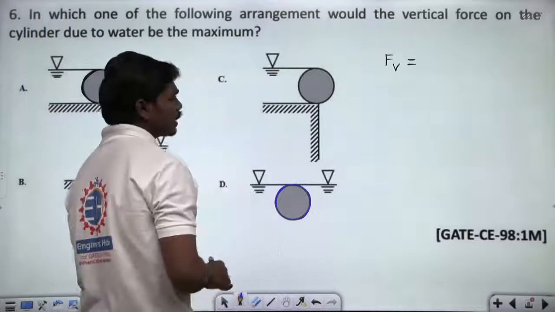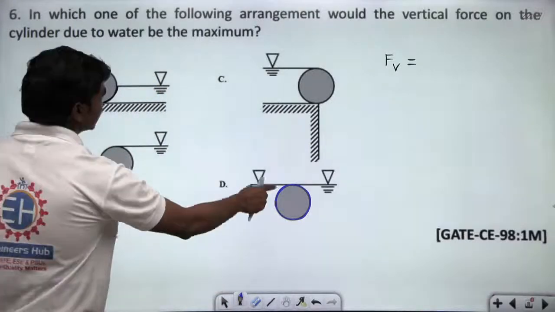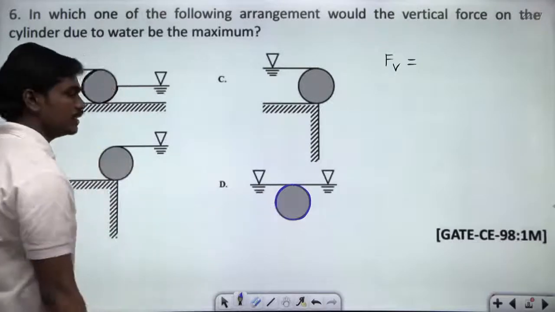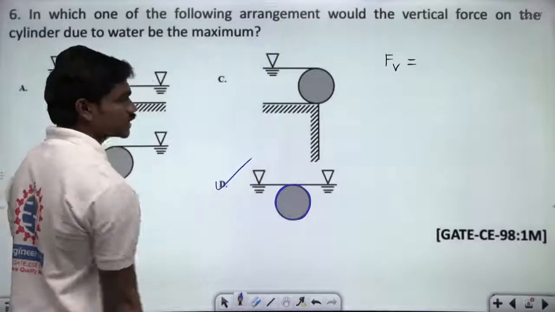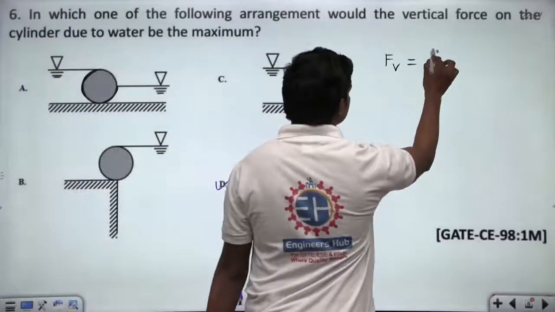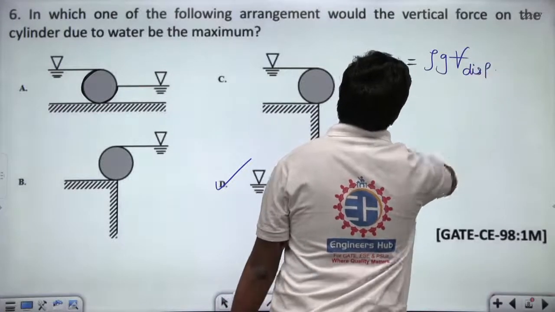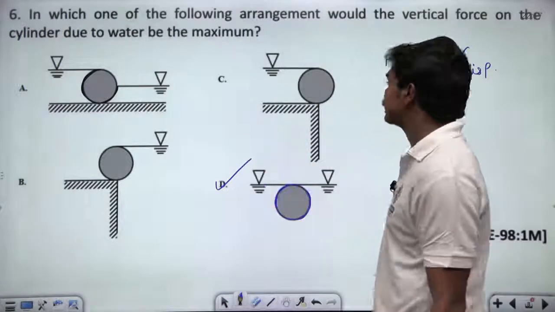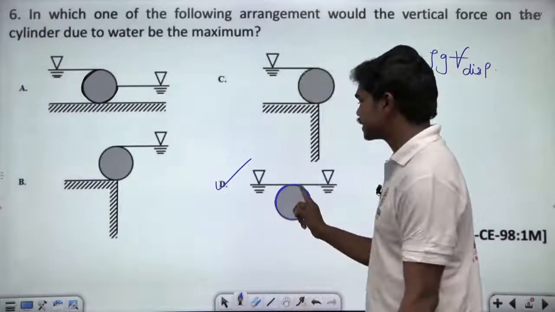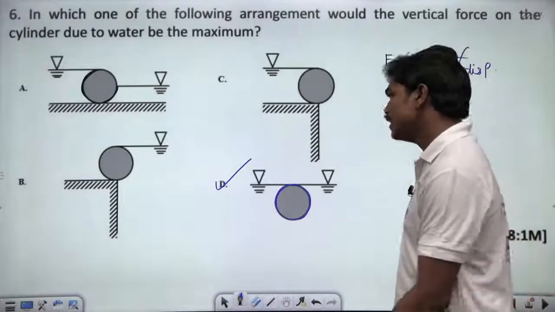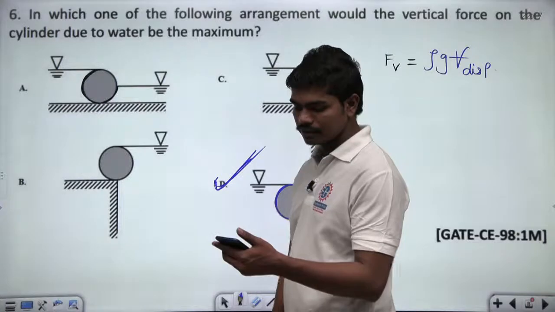So definitely Fv is equal to rho g V, the volume displaced, and in this case the majority of the volume is displaced by the solid. The net vertical force acting on a solid in a fluid is equal to rho g into V displaced. And majority of the fluid volume is displaced in this case because the solid is completely inside the fluid. So obviously the maximum vertical force will be in this case, D.